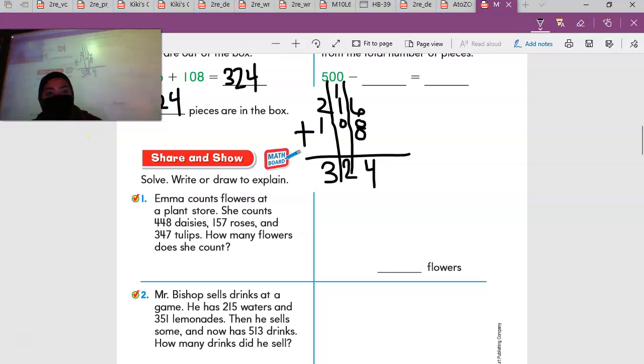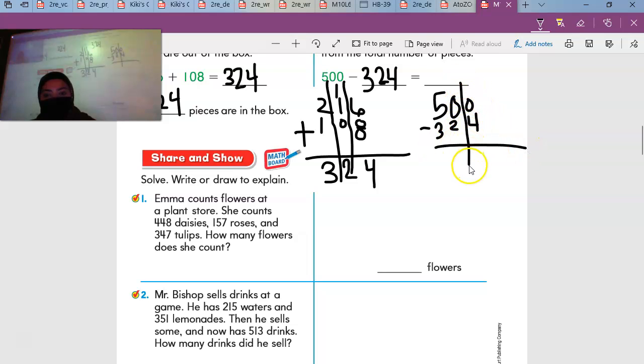All right. Now we have to subtract the total number of puzzle pieces by how many are not in the box to get how many are still in the box. So 500 minus 324. Zero minus 4. Can you do that?